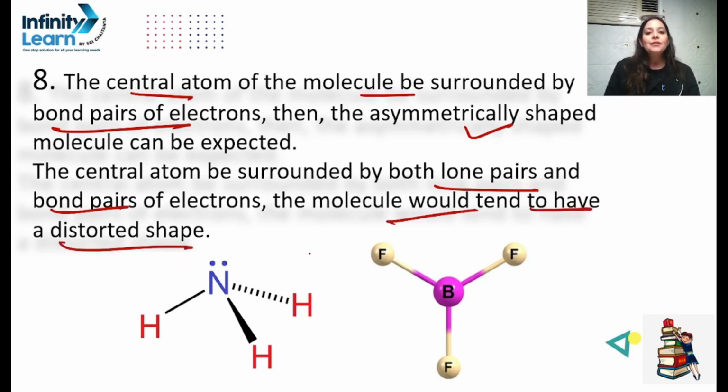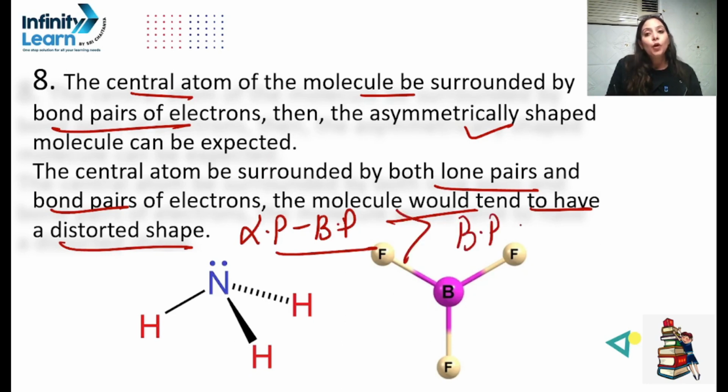This means that the shape will be distorted from the original one. Distorted means it will slightly change. The bond angle will change because the repulsion between lone pair and bond pair also comes into play, and we know that lone pair-bond pair repulsion is always more than bond pair repulsion.